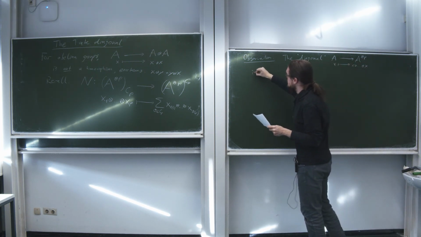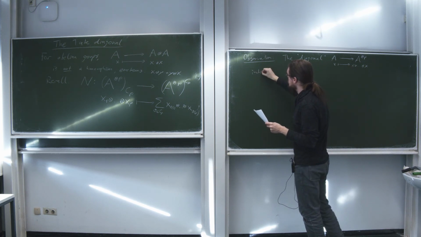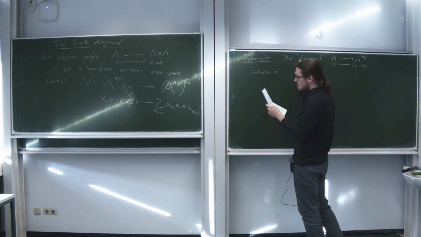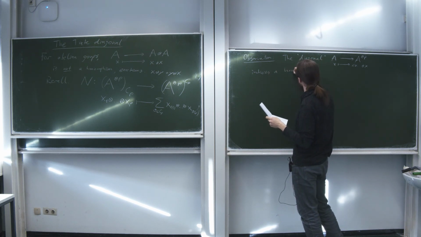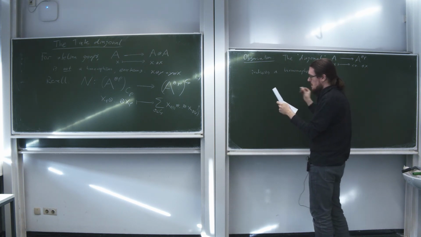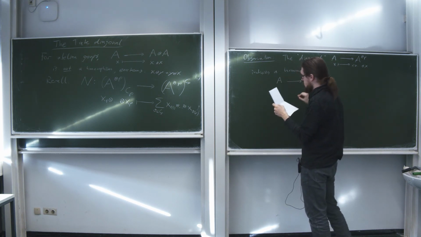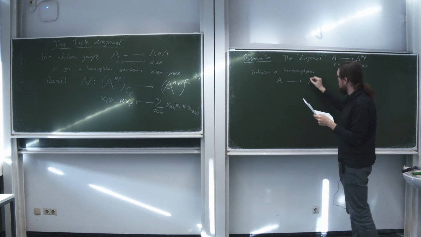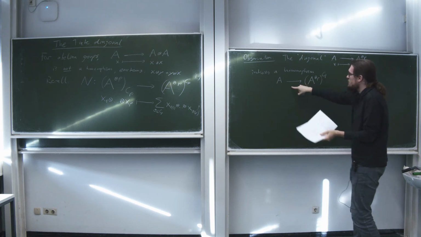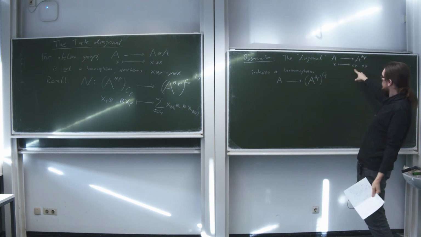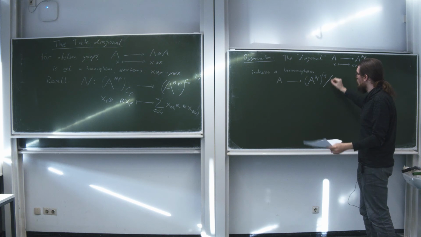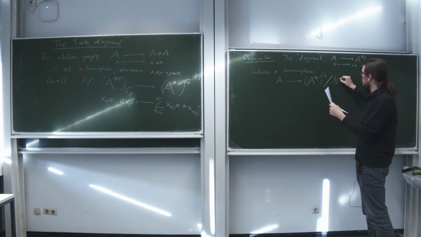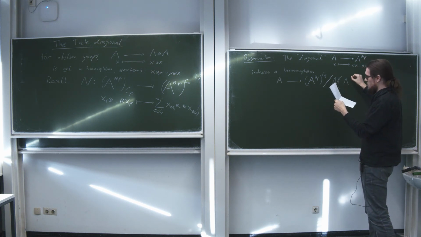so this is just a map of sets. This induces a homomorphism from A to the p-fold tensor power, and it even lands in fixed points, clearly, modulo the image of this norm map.